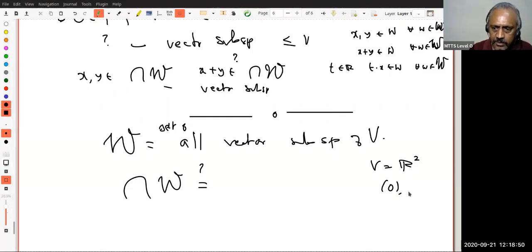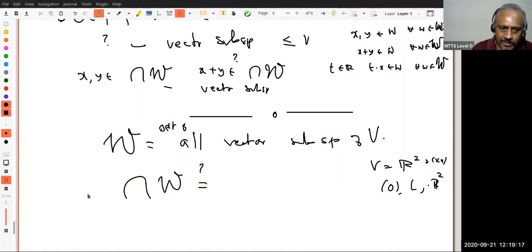Either they are 0, or lines passing through the origin, or all of R2. Therefore, if I take the intersection of all of these, start with the vector xy, when does it belong to all of these? Notice that the only element which can be in the trivial 0 subspace is (0, 0).